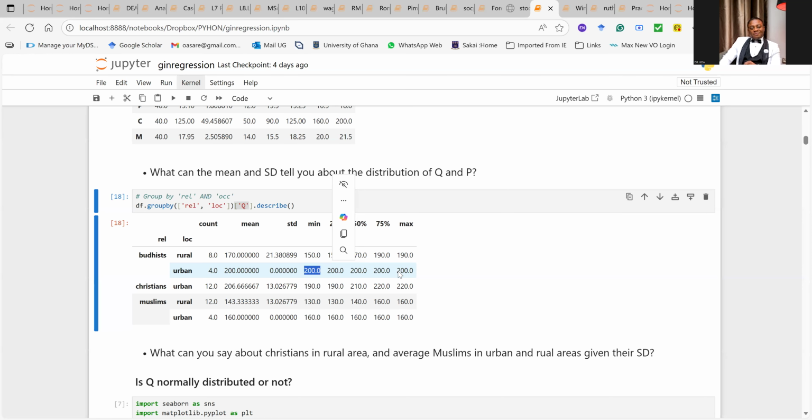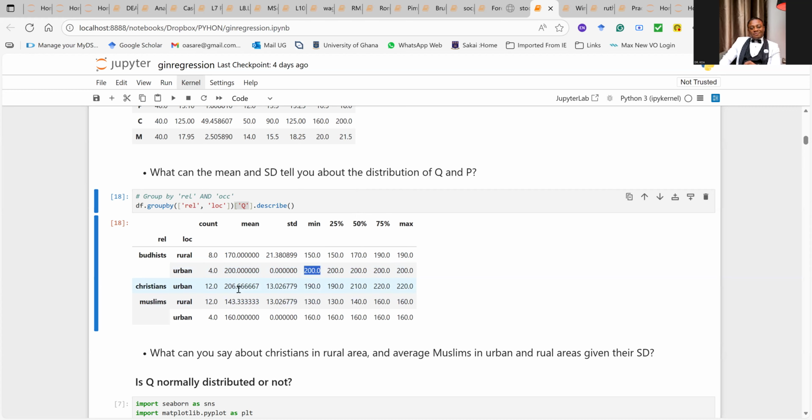So that means that among the urban, there is not a single variability in their consumption. These are Buddhists anyway, so understand. The next one is Christians.